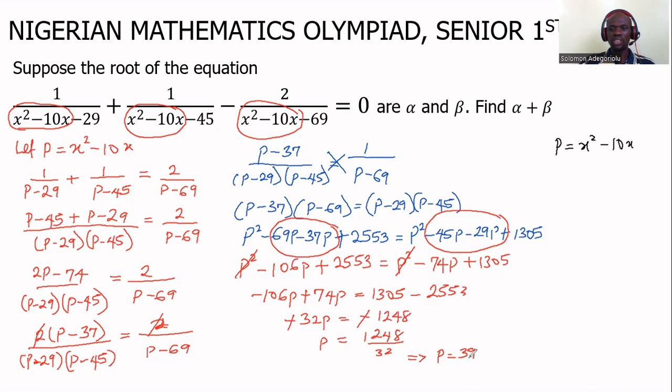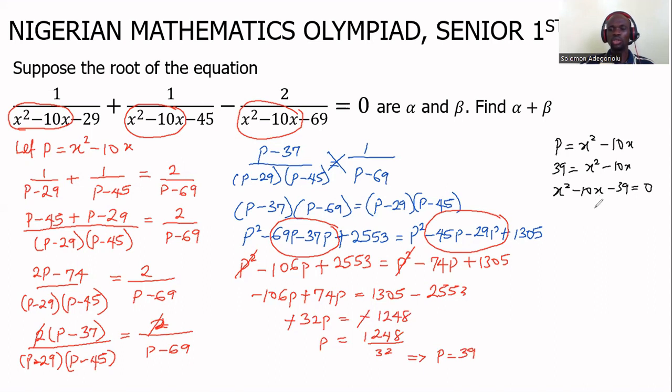So if P is 39, substitute 39 here. That becomes 39 is equal to x squared minus 10x. So bring the 39 here. We're going to have this equation x squared minus 10x, this 39 goes there, becomes minus 39, then is equal to 0.